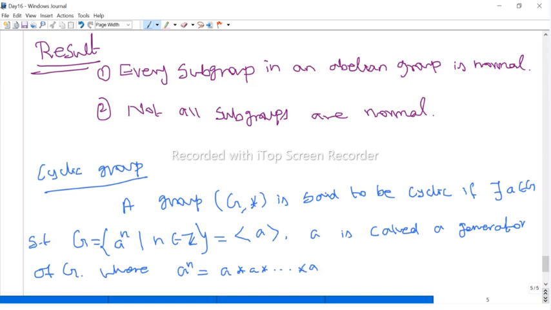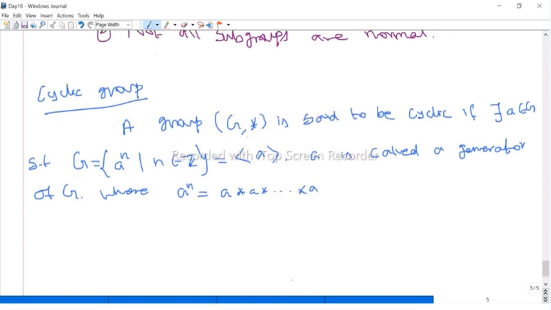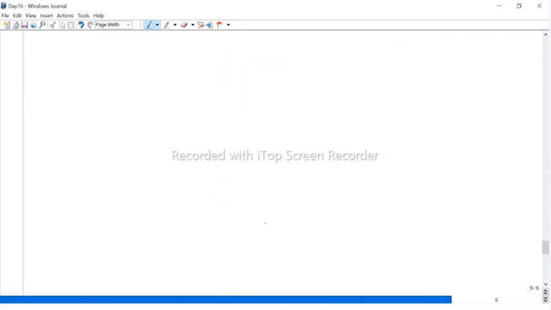So depending upon the star, we have to determine a^n. So a group is said to be cyclic if you take any element b of G, b is a power of a single element. That is, one element generates the entire group. The group is called a cyclic group.